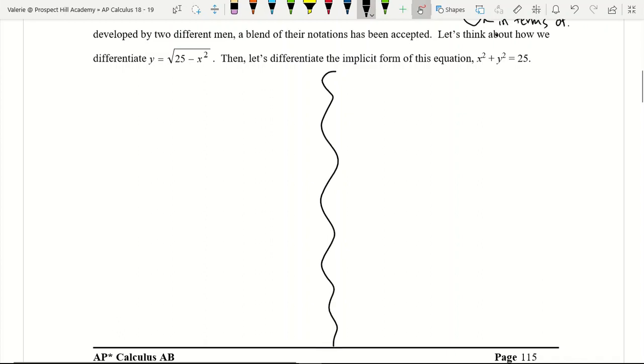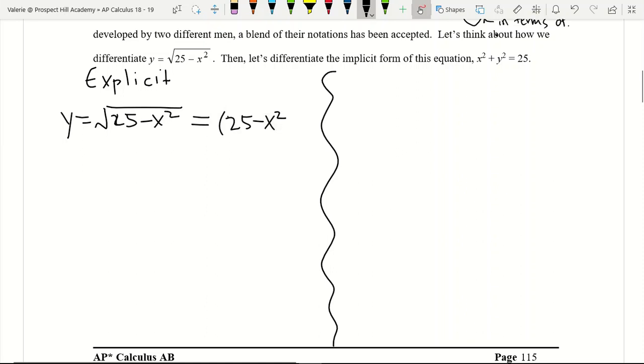We're going to first start with the explicit version of this function, which is y equals square root of 25 minus x squared, which we can rewrite as 25 minus x squared to the 1/2.